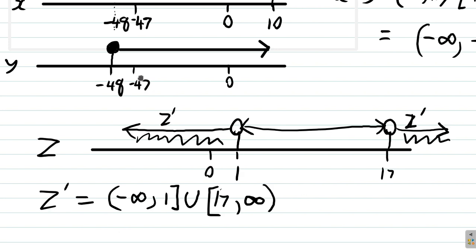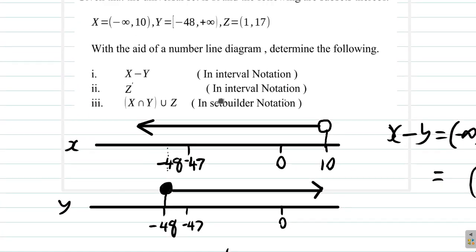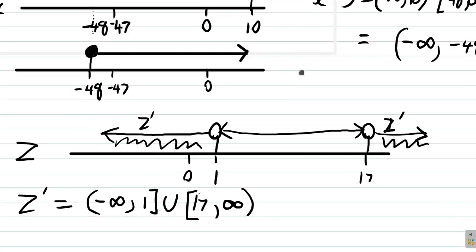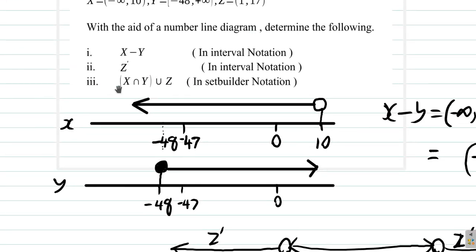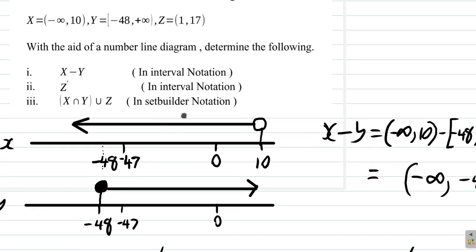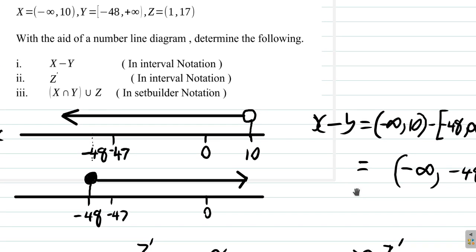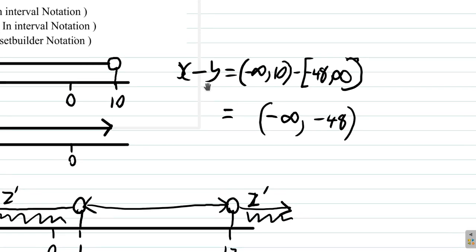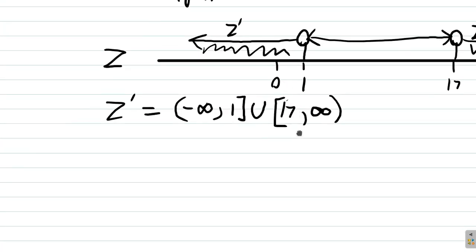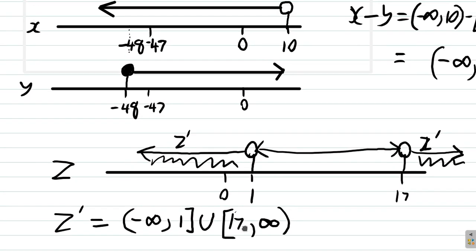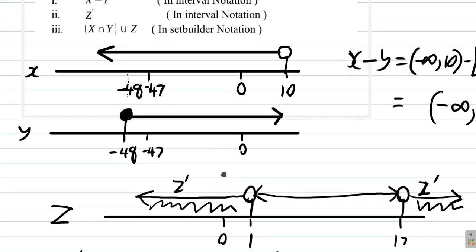All right. So those were in interval notation. Then they ask you to do x intersect y union z in set builder notation. X intersect y union z.